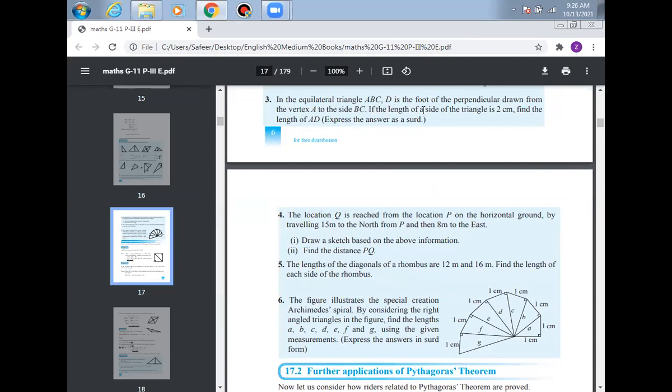If the length of a side of the triangle is 2 centimeter, find the length of AD. Express your answer as such.